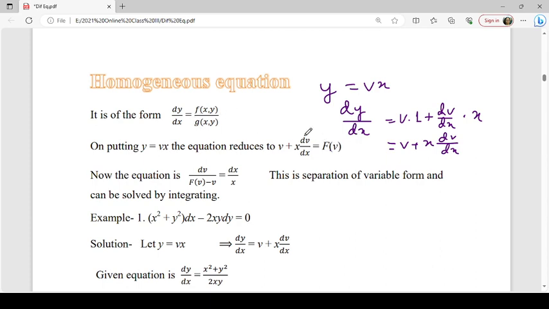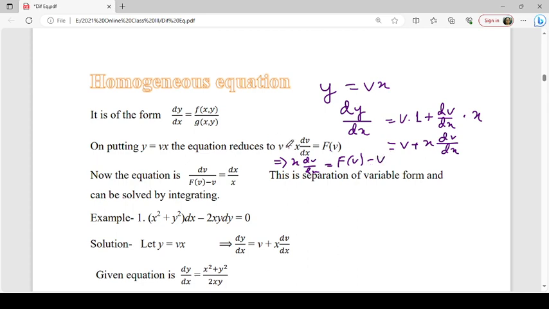Right hand side is f of v, and after that this v we take to right hand side. So this implies x dv dx is equal to f(v) minus v.